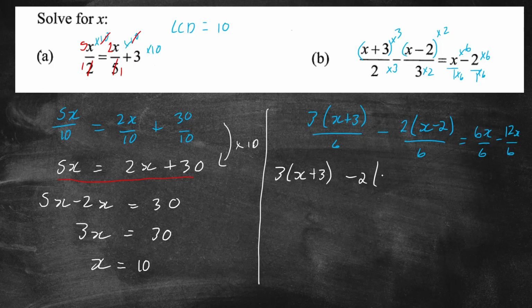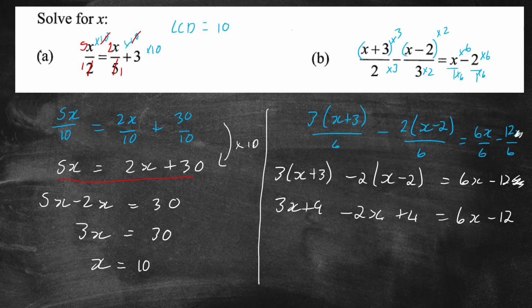I'm just putting in all the steps. 6x minus 12, not 12x, that's a constant, sorry. That's just 12. Multiplying that out, 3x plus 9 minus 2x plus 4 equals 6x minus 12.